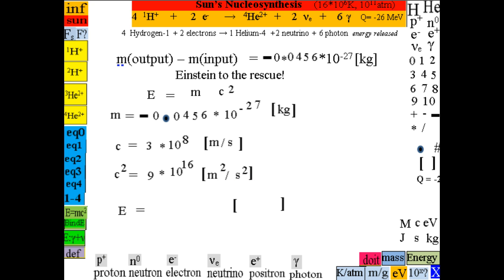Now just apply Einstein's famous equation, E equals mc squared. That means multiply minus 0.0456 multiplied by 10 to the power of minus 27 kilogram by c squared, which is 9 multiplied by 10 to the power of 16, and the units are meter squared per second squared. So just use your calculator or do it in your head and give me an answer.